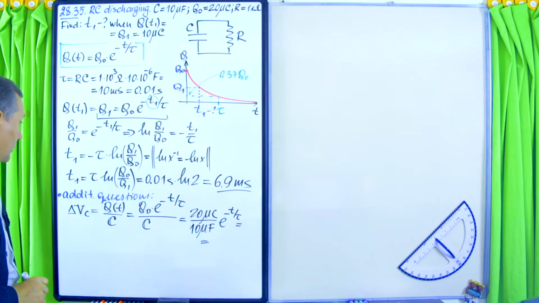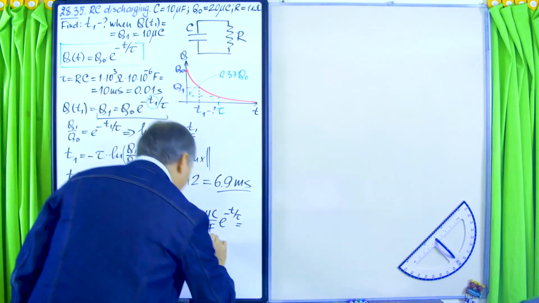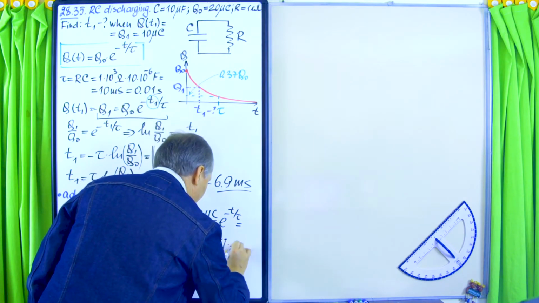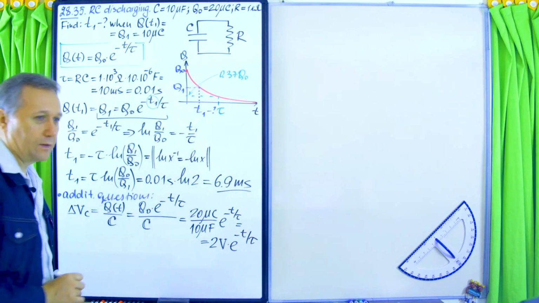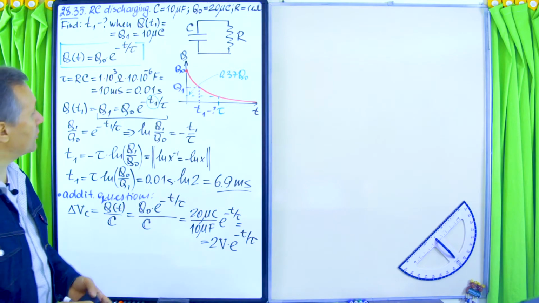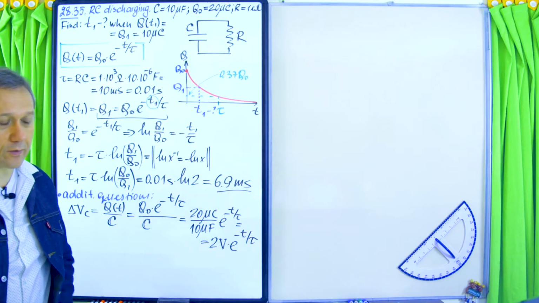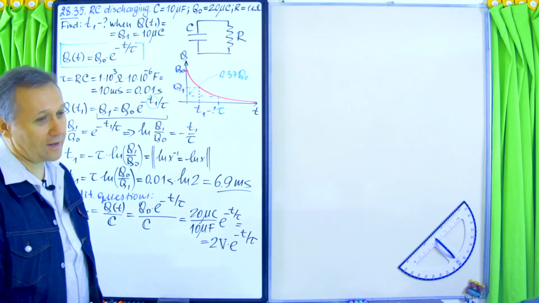So it will be 2 volts. That's the maximum potential difference, and then it will decay exponentially. That's how the potential difference across the capacitor changes. Of course, it will be a similar story across the resistor, because there is nothing else in this loop.